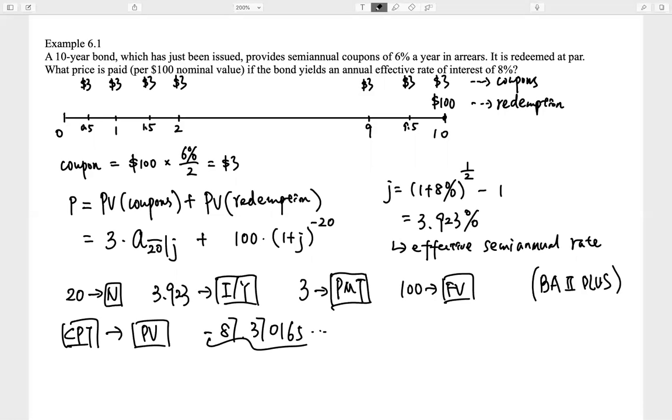Because I assume if you pay this price, you will receive $3 for the next 20 semi-annual terms, and you will also receive $100 at the end of 20 periods, which is 10 years. So that saves you time on the computation, and you can do it in one step.